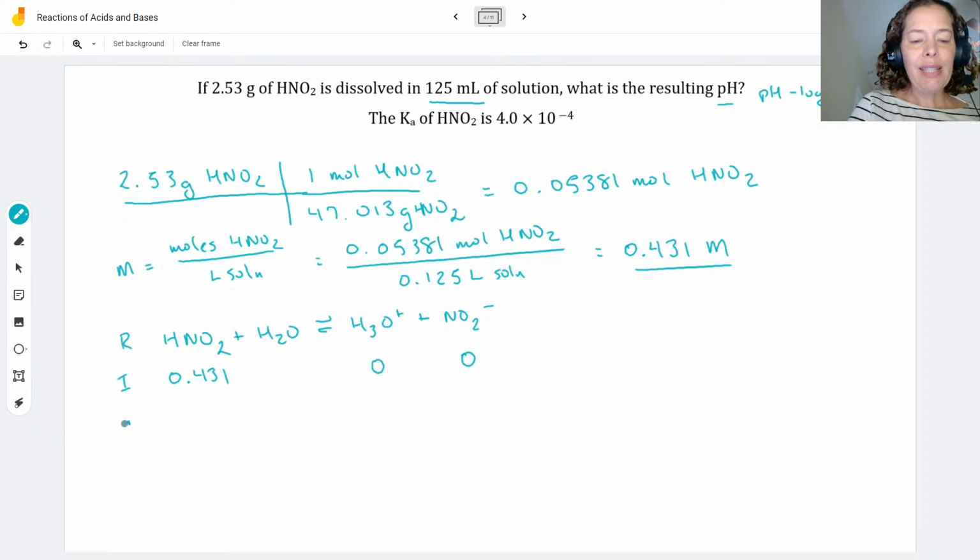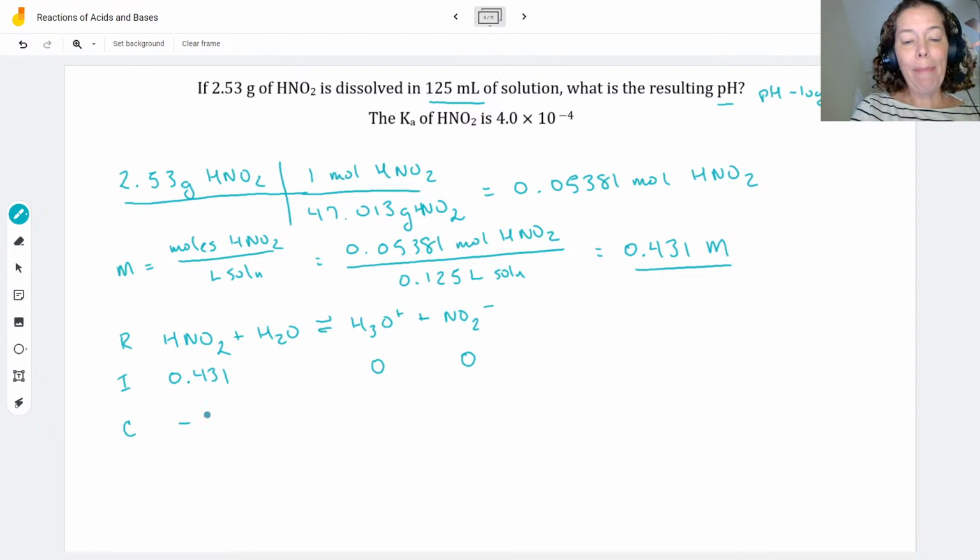Now for C, which is consumed. How much of my nitrous acid is going to participate in that forward reaction to produce products? Because remember, it is a partial dissociation. It's not a full dissociation. Now, I don't know how much it is, so I'm going to call that X. I know that some is going to dissociate, but I'm not sure how much.